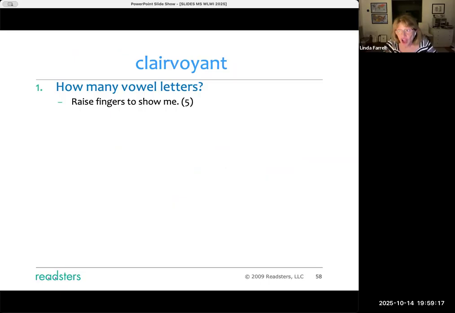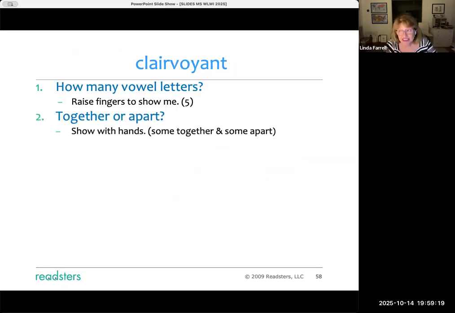And we teach them that Y is a vowel at the end of the word. So 1, 2, 3, 4, 5. Are they together or apart? Well, now they're together and apart. So they go together and apart.